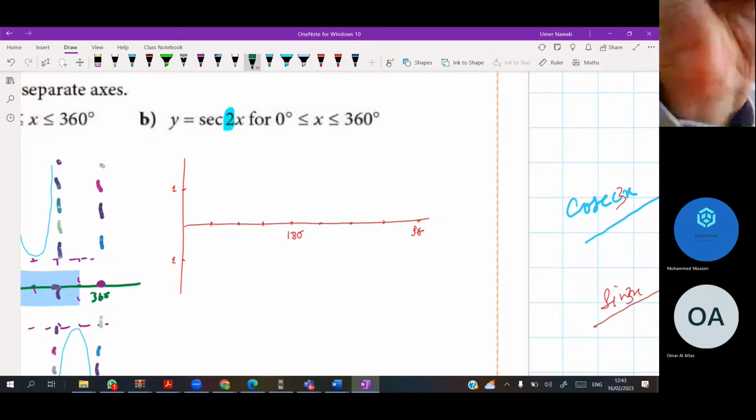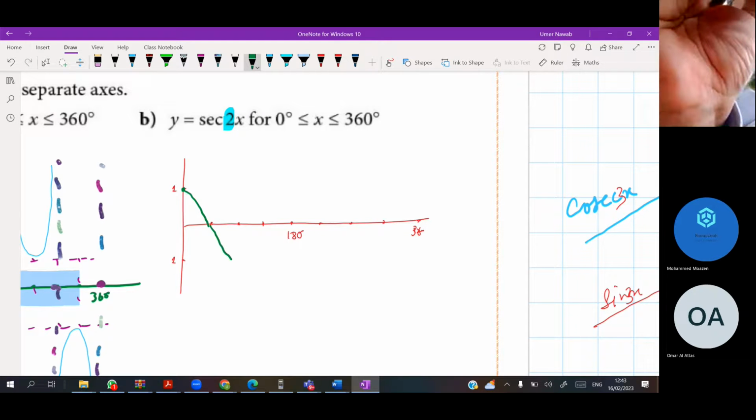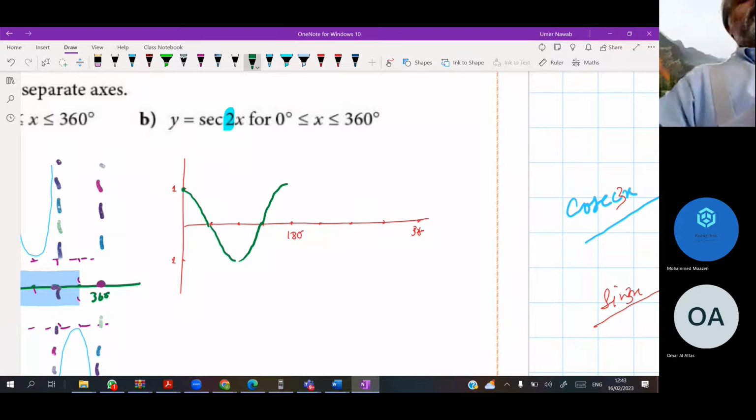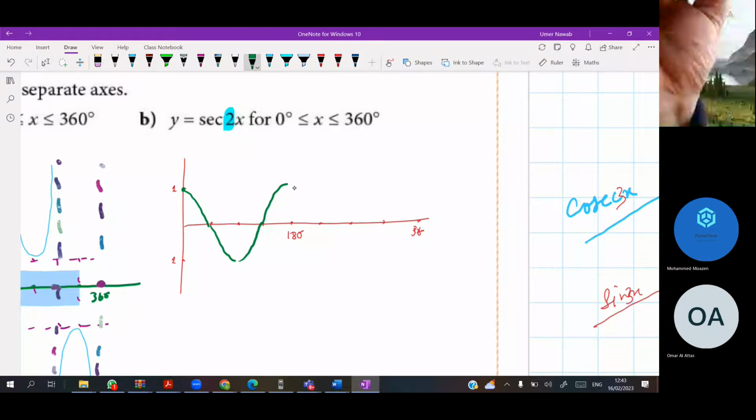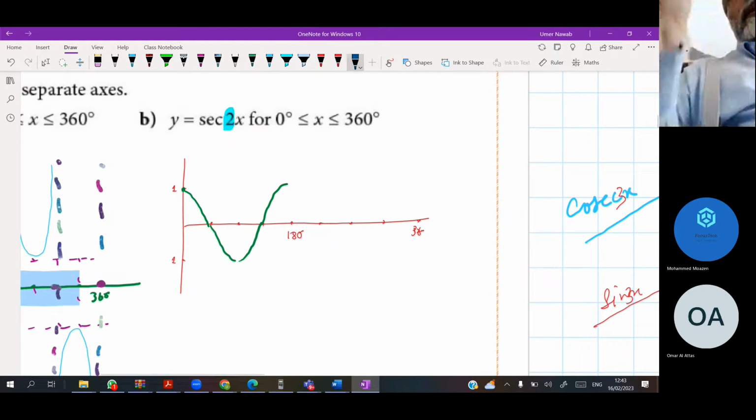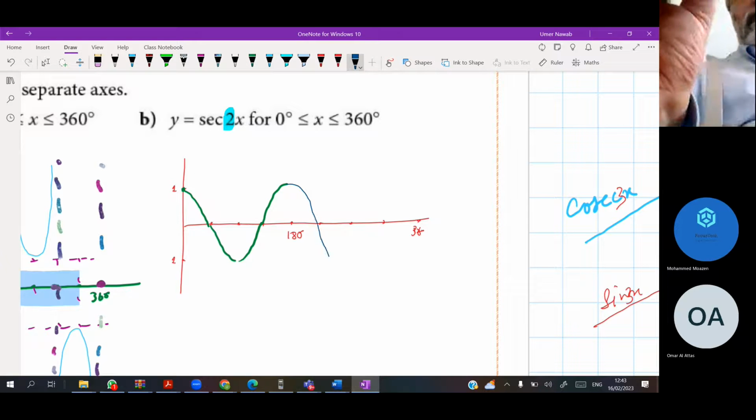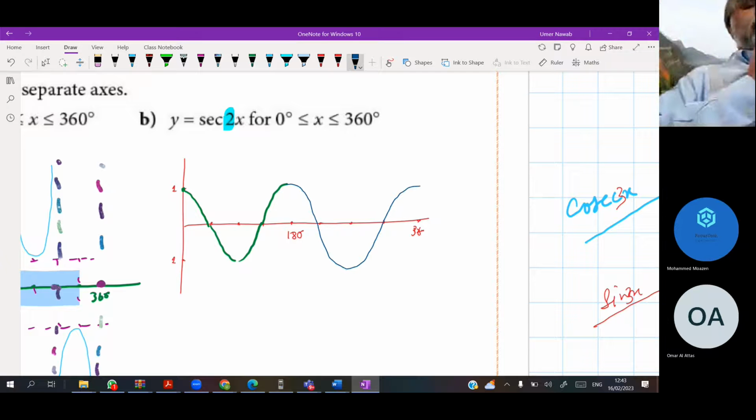Cosine always starts from 1. And then like that. So this is a cosine graph. And then in the same way, I make the other. Done. This is the cosine graph.